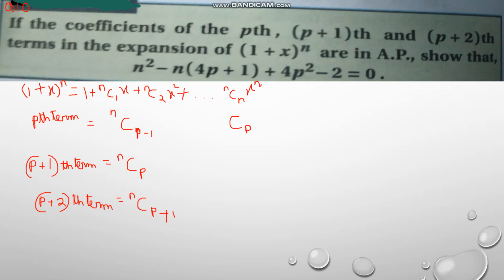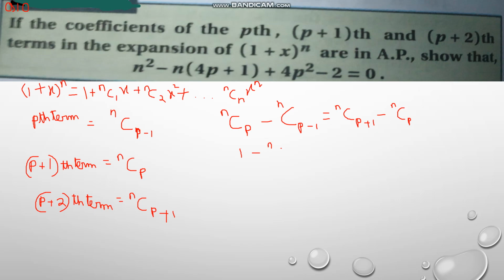So nC(p minus 1) minus nCp is equal to nC(p plus 1) minus nCp. This statement is true for every AP. Now let's divide all the terms by nCp.